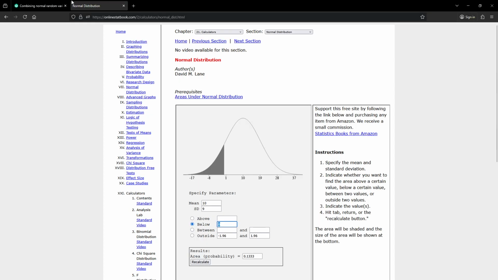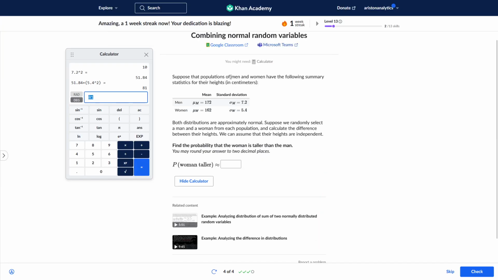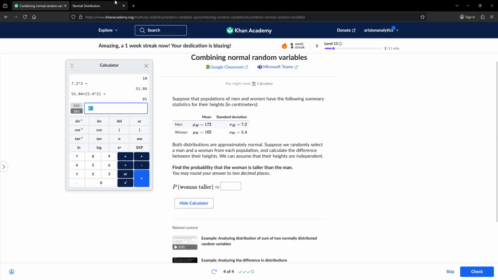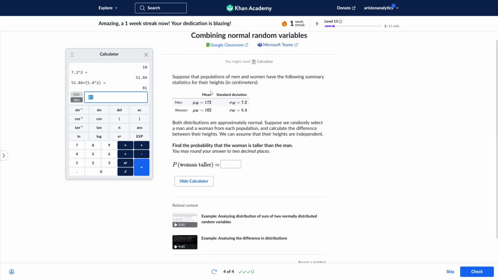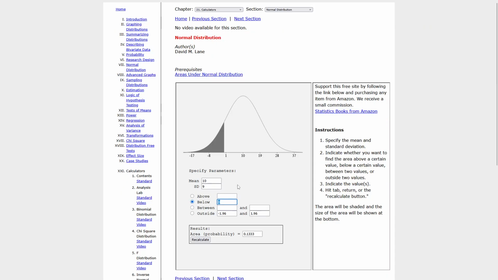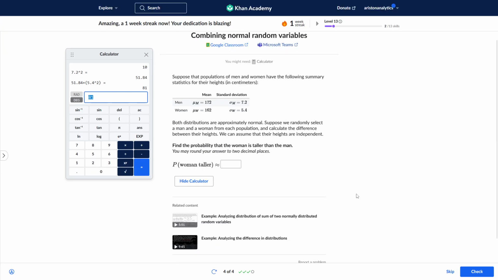And this below 0 makes sense. So the difference is actually negative. Yeah, because men were taller than women. Okay, so below 0. Yep, let's just go with that.